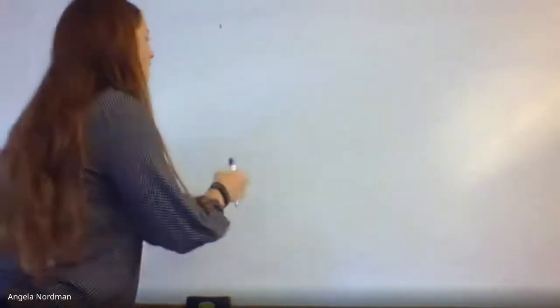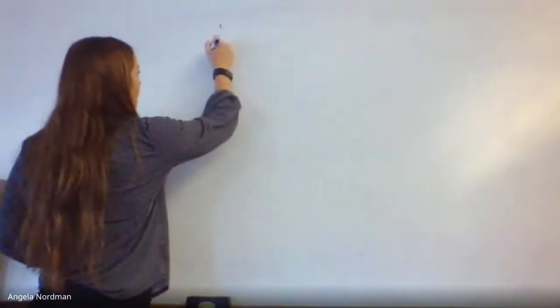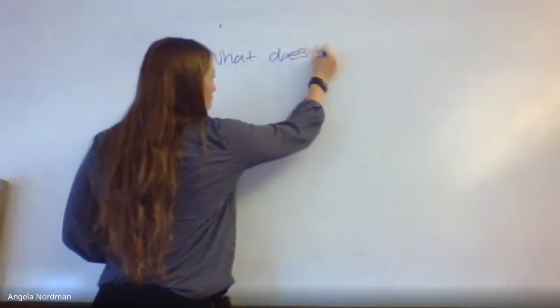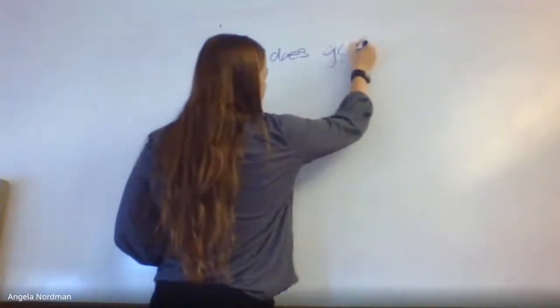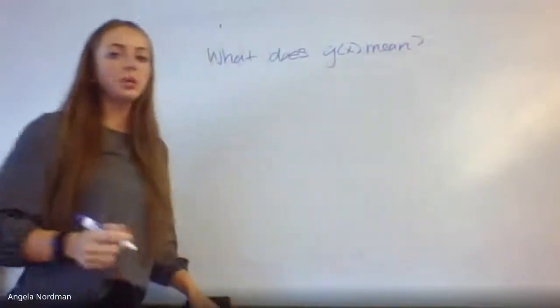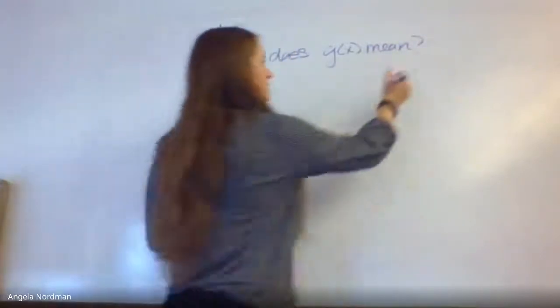A couple other things I want to talk about, and I get this a lot: what does g of x mean? Okay, because we're going to be doing a lot of substitution like this.